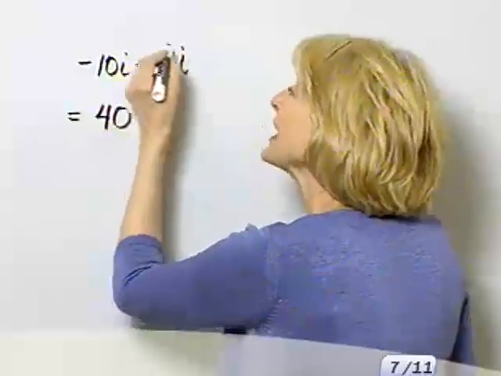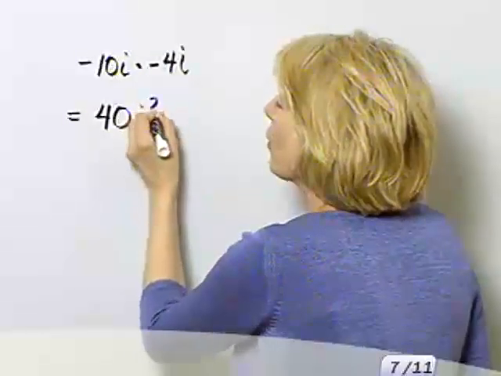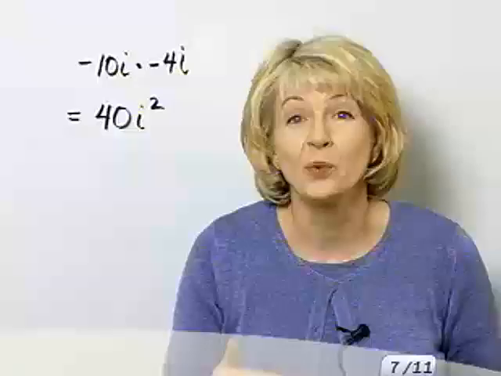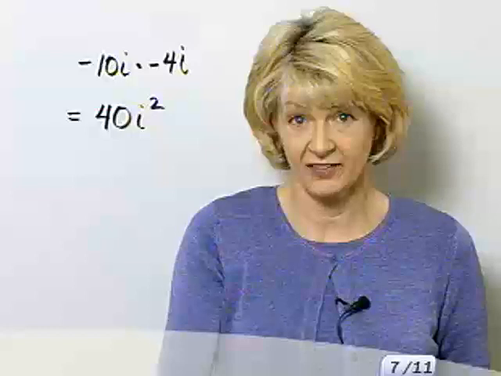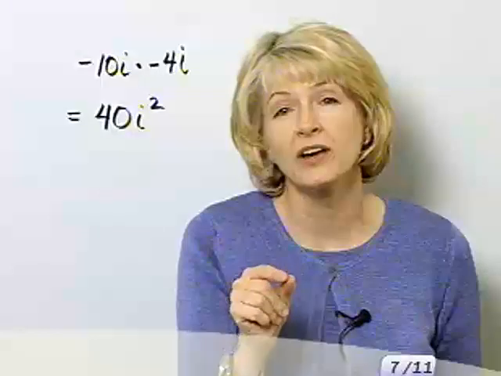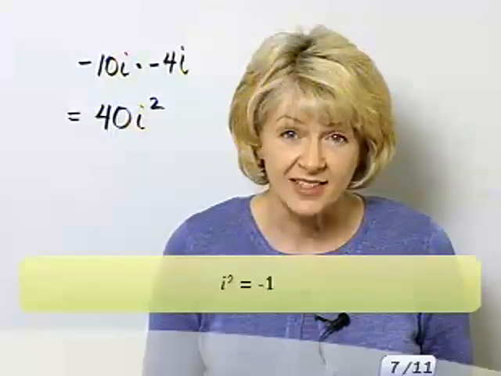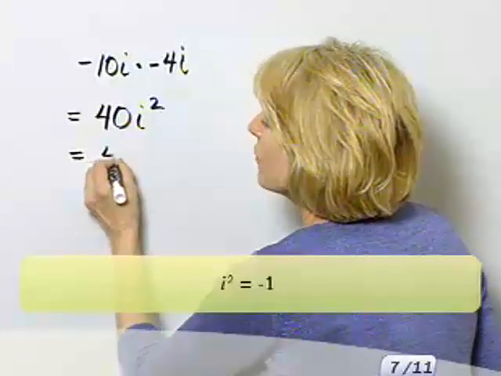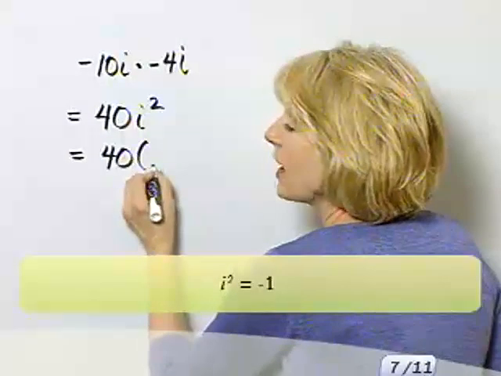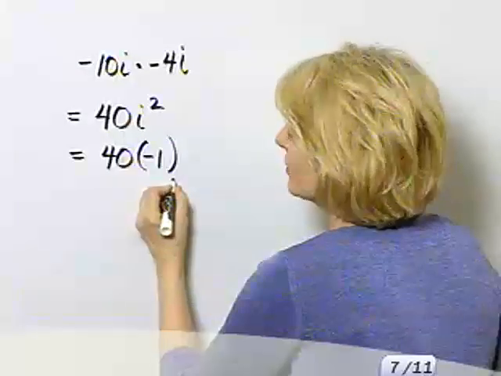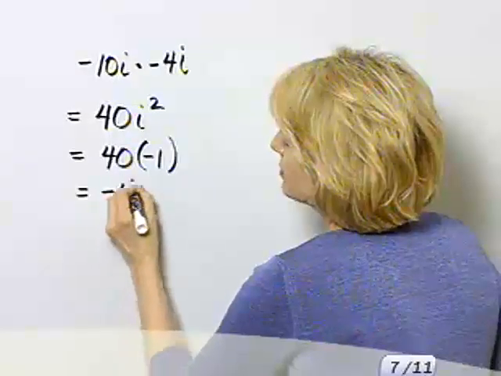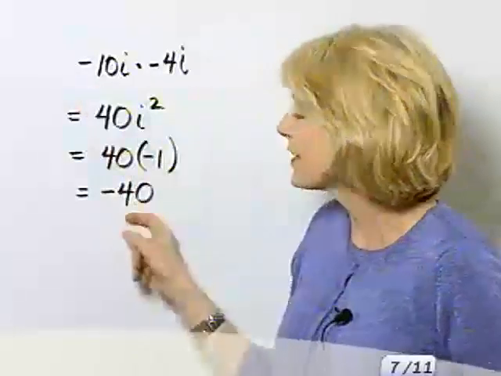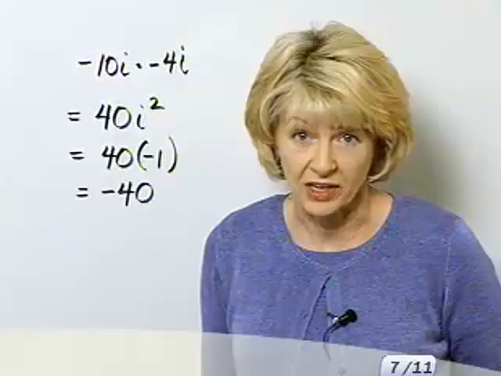Here I have i times i, or i squared. Perfectly okay, we're just not simplified enough. If you ever have i squared, remember i squared is the same as negative 1. So I have 40 times i squared, which is negative 1, and so this becomes negative 40. This product is negative 40.